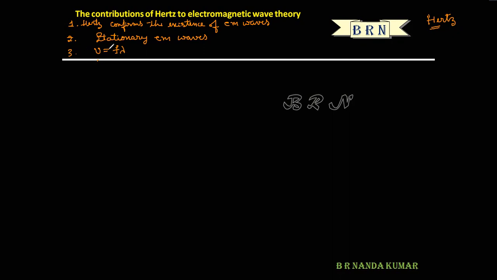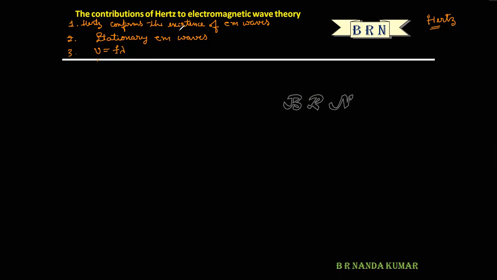By using this formula, Hertz found that the speed of electromagnetic wave is the same as that of the speed of light. So these are three very important contributions of Hertz to electromagnetic wave theory. The first one is Hertz confirms the existence of electromagnetic waves.